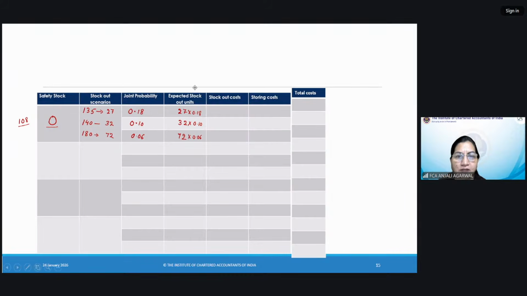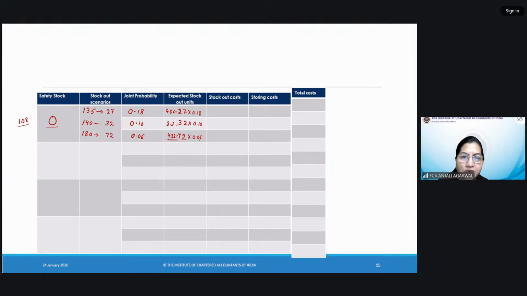Do this calculation. So 27 into 0.18 is 4.86. 32 into 0.10 will be 3.2. And 72 into 0.06 will be 4.32. So the expected stock out units becomes 4.86 plus 3.2 plus 4.32.